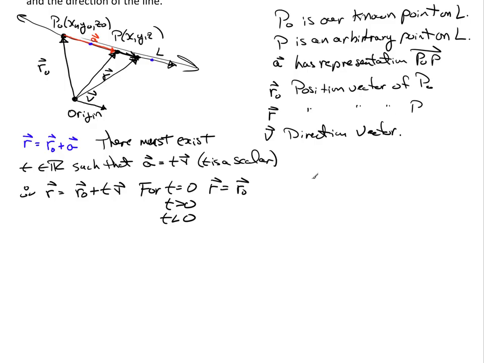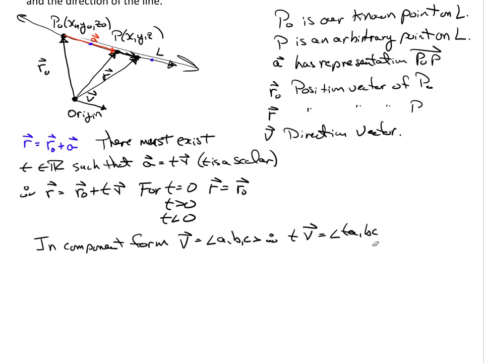I'll leave that diagram there. Vector V is going to have components, say a, b, c. Therefore, t times V, remember t is a scalar, is going to be equal to ta, tb, and tc. Just simple scalar multiplication of vectors.